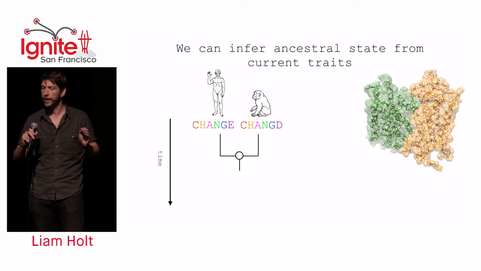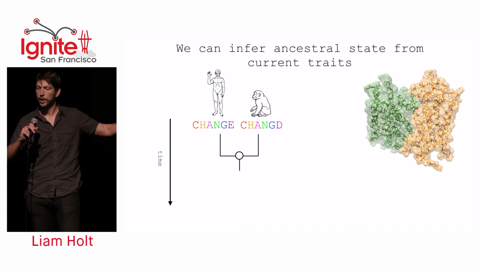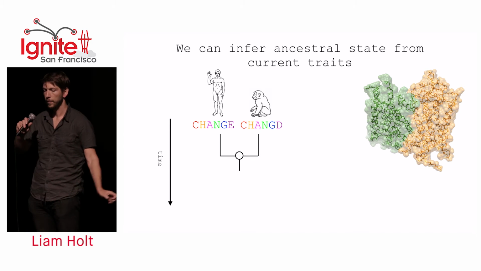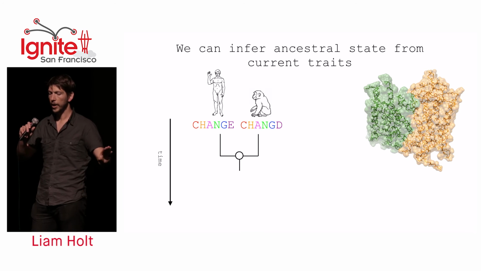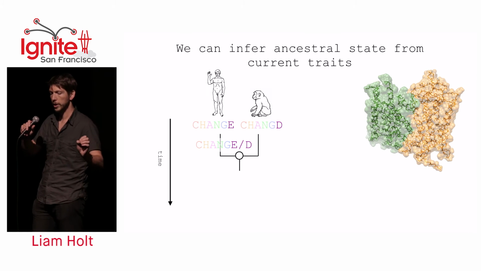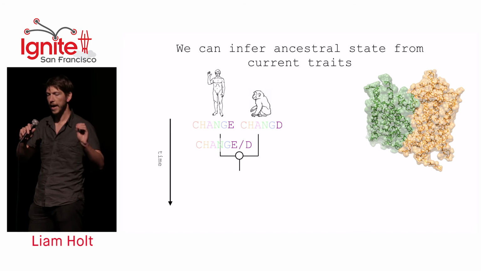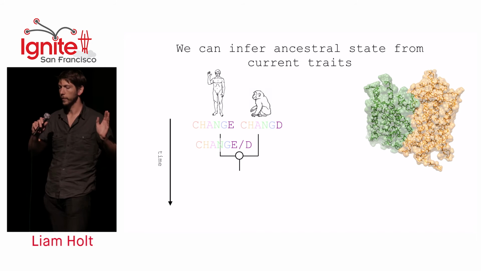And we can do the same thing with proteins. So now I'm showing you a family tree of proteins, this little string of 5 amino acids from humans and from chimpanzees. And what we want to know is, in that circle, which is the common ancestor of these 2 organisms, what was the sequence? From this information, we can't tell if that last position was an E or a D. We don't have enough information.